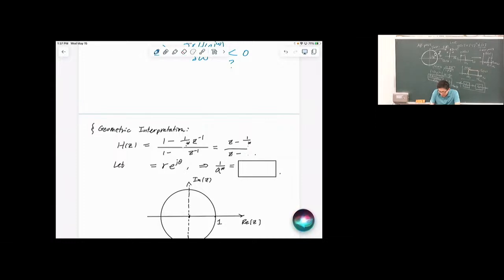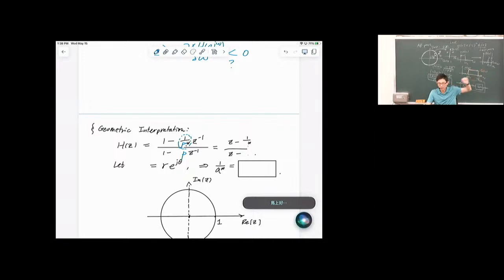So now 1 minus P z inverse, 1 minus 1 over P conjugate. That's where the zero is located. That's the reciprocal location of P at the same angle. Can we all see that P and 1 over P conjugate are at the same angle?